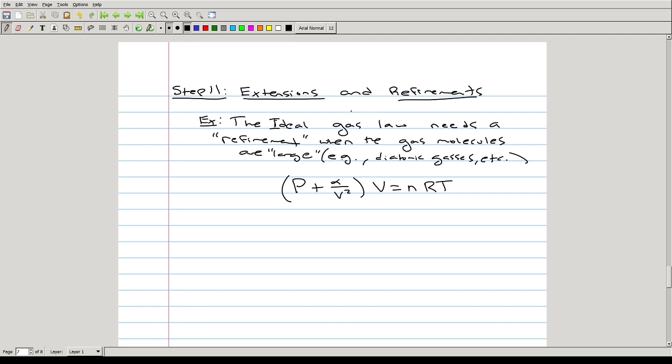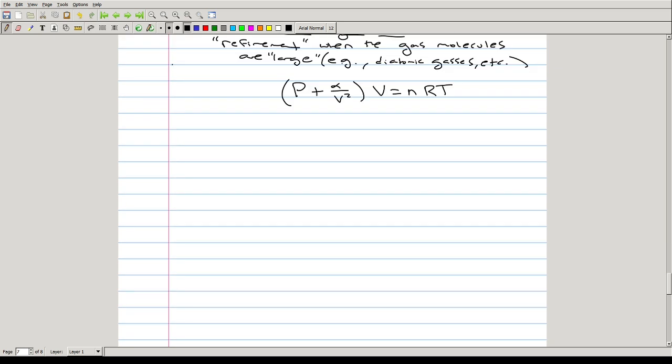Remember, the ideal gas law said was PV equals nRT. And there's actually a whole class of extensions like this called virial expansions, of varying difficulties, but it's all in general related to extending this ideal gas law to be more realistic.